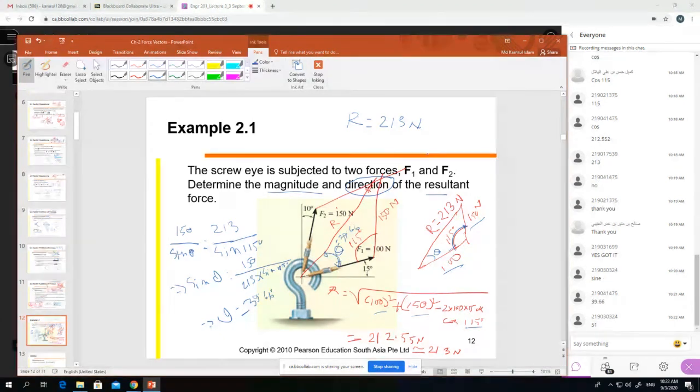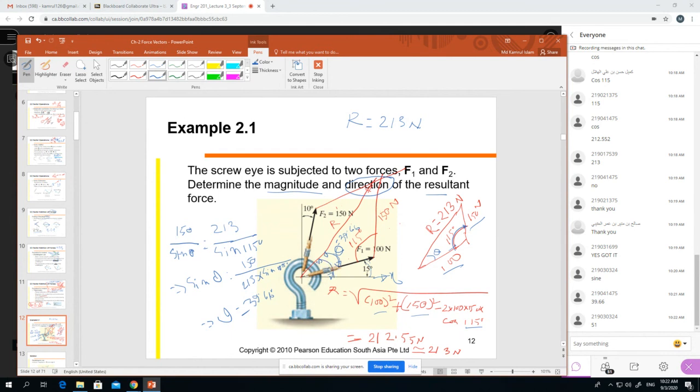But in general, when you write the answer, we have to tell the total angle with the x-axis. This is the x-axis. Usually we have to tell the result with the x-axis. Now this is the 15 degree.